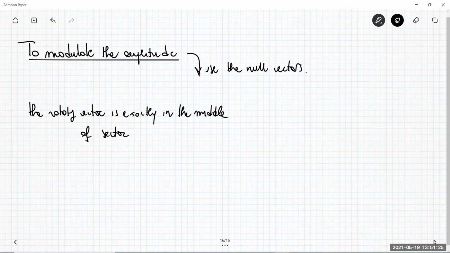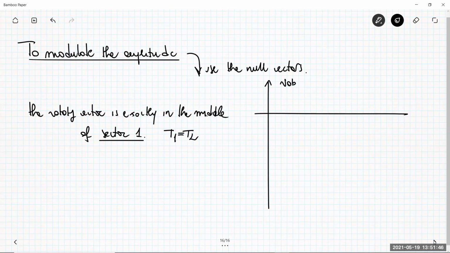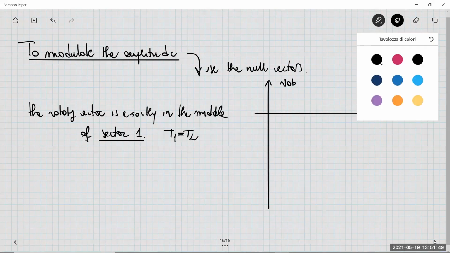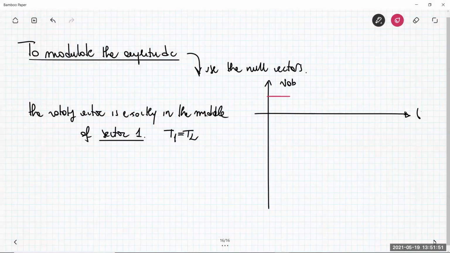So the first case I considered before. It means that T1 must be equal to T2, where T1 and T2 are respectively the time intervals in which I apply the V1 and V2 space vectors. Okay, so let me redraw VAB for this case.